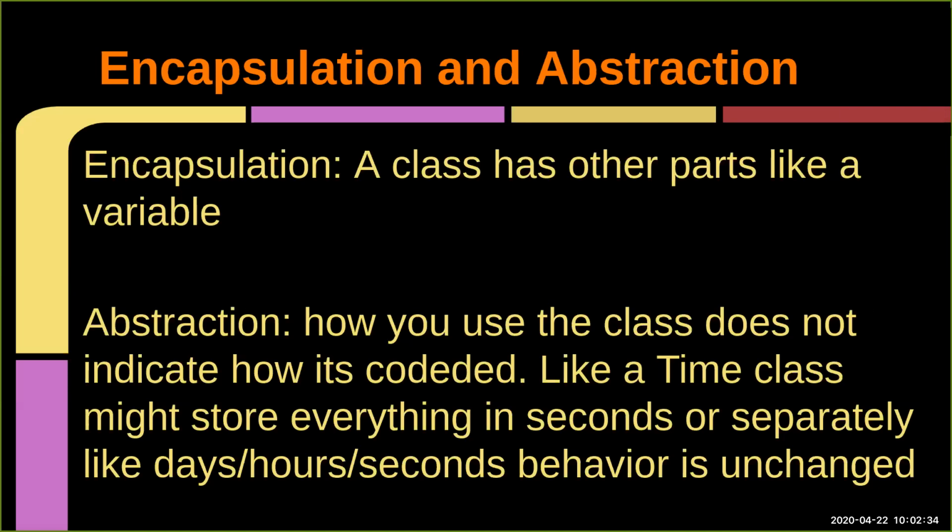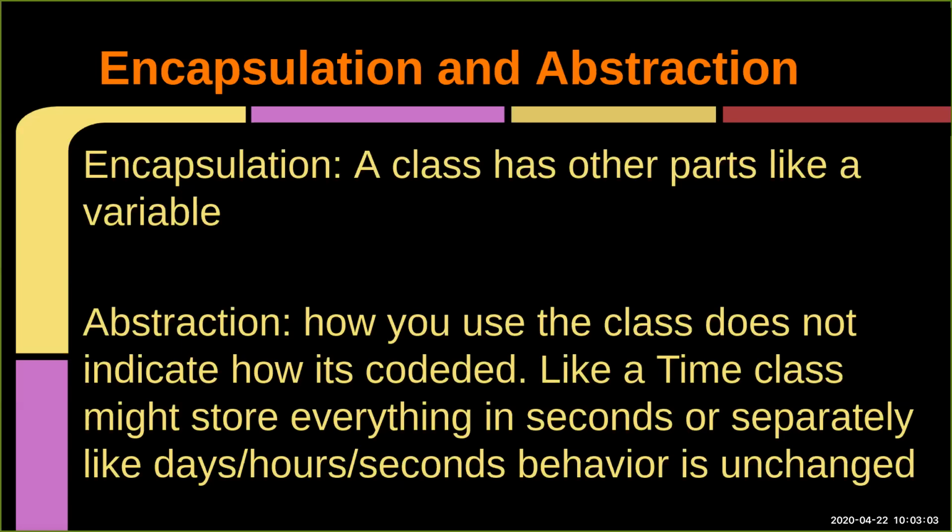Okay, cool. So encapsulation is essentially where a class has other parts. When we're using primitive types, that's it. The primitive type is that one type and it stores the one thing that it stores. But the concept of encapsulation is that a class could store, or should be storing, other things.